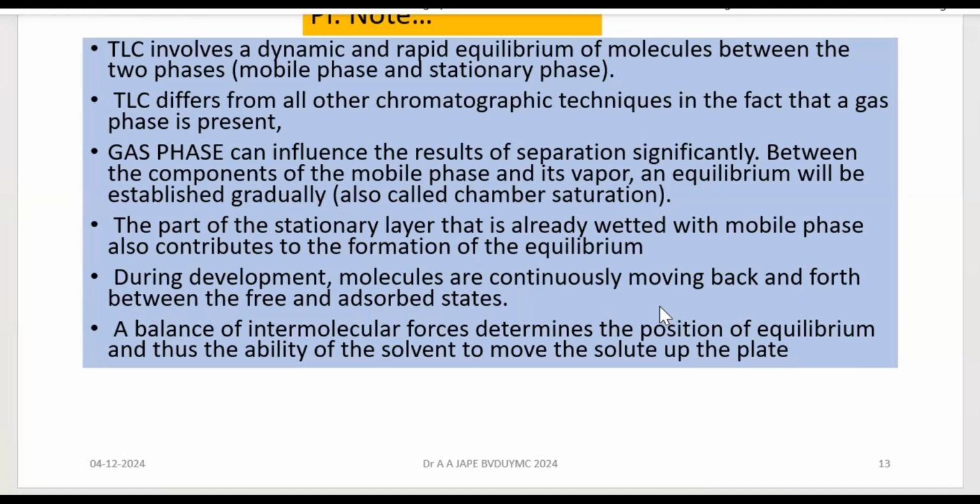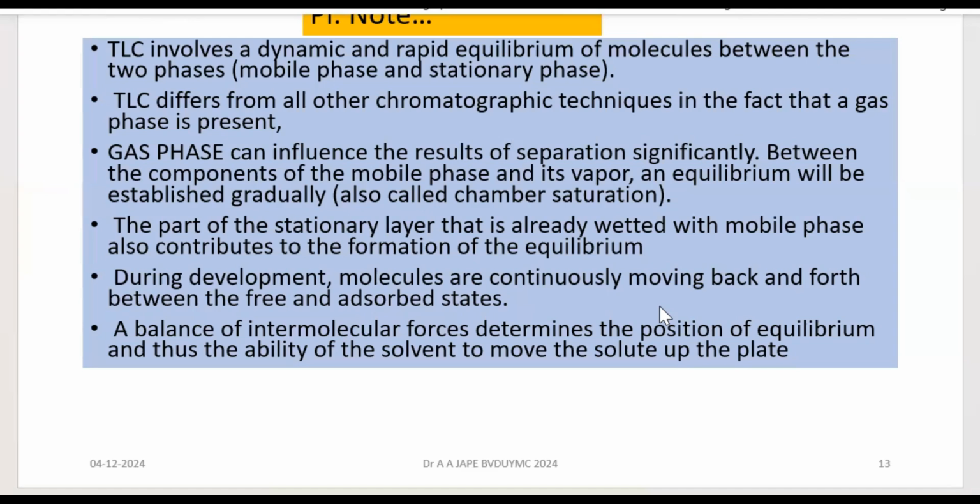When we talk about TLC, we have to take into account a few important points. As I said earlier, the mobile phase components, the solvents, are going to get into their vapor phases, especially if we are having organic solvents in the solvent system like methanol, ethanol, or even chloroform, which are going to evaporate at room temperature in regions like Pune, where the temperature is 37 to 38 degrees.